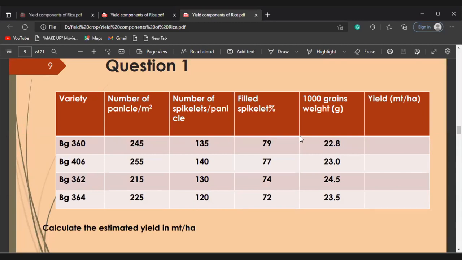In this question, they displayed nearly 4 varieties: BG 360, BG 406, BG 362, and BG 364. So, can you tell what BG is?